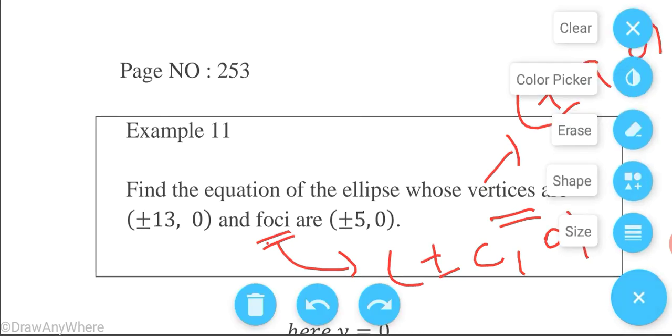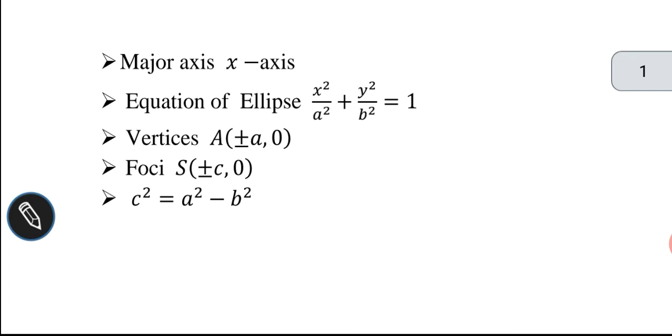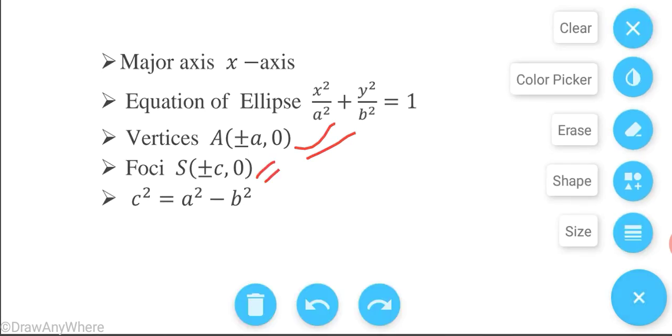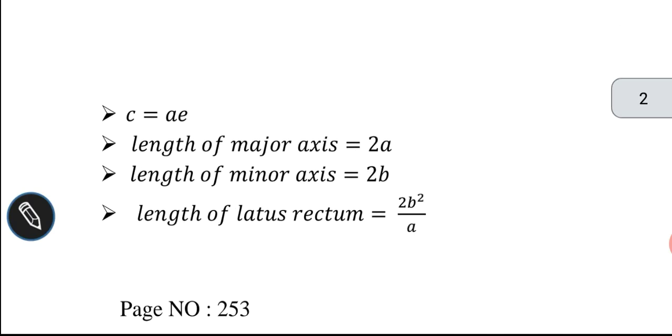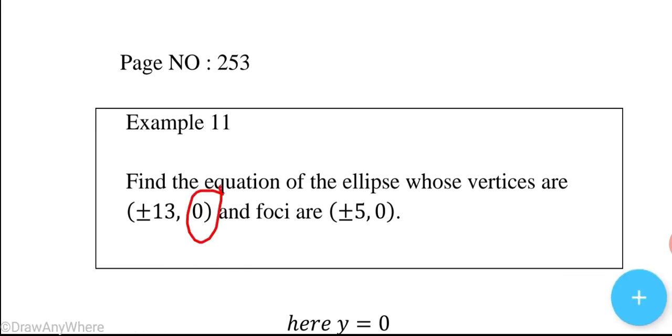The given information is vertices and foci, but note that in both, y is equal to 0.